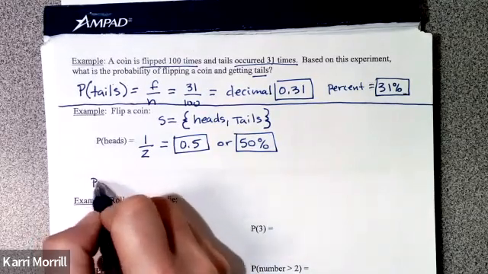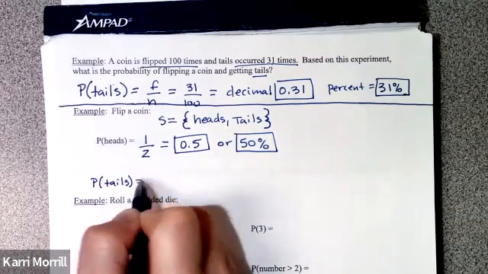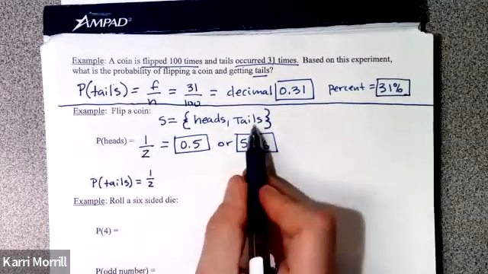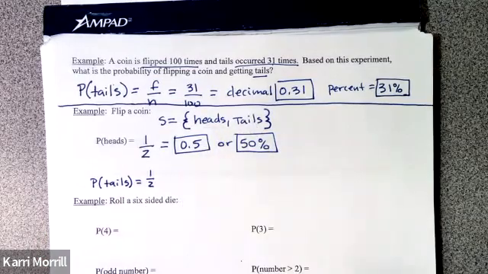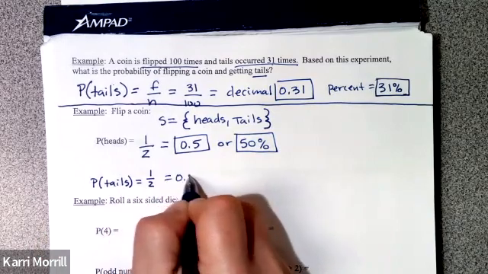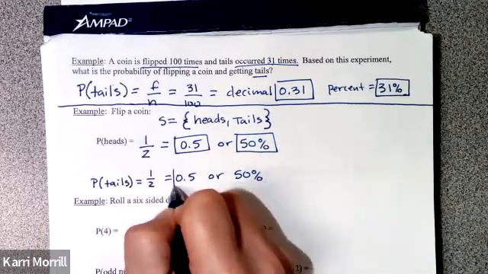What if I said in this case the probability of getting tails? So probability of getting tails would also be 1 out of 2, right? 1 out of 2 sides of that coin were tails. So it would also be 0.5 or 50%.